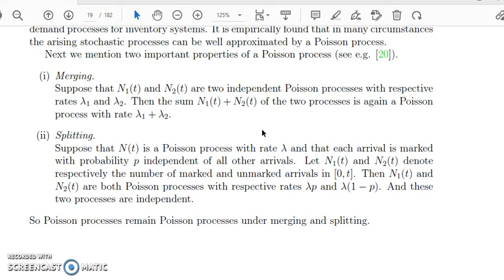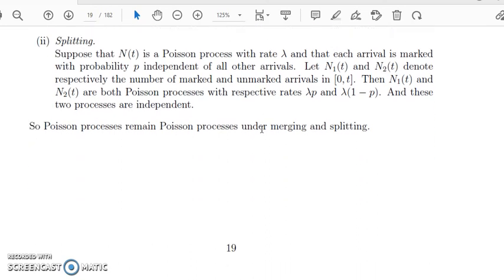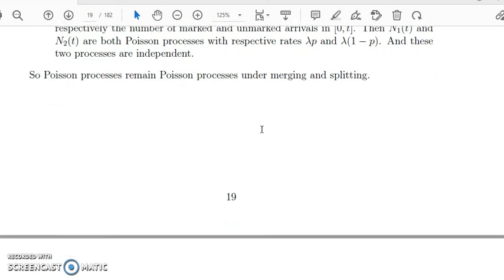Then N1(t) and N2(t) are both Poisson processes with respective rates lambda p and lambda (1 minus p), and these two processes are independent. So the Poisson process remains a Poisson process under splitting and merging.